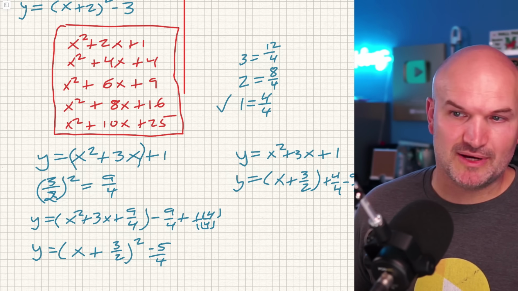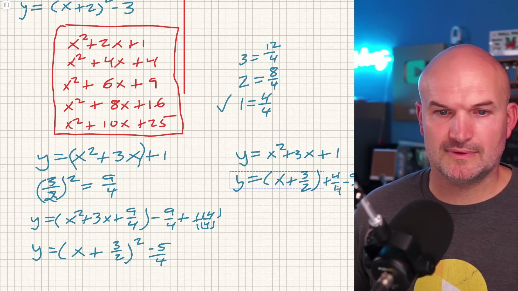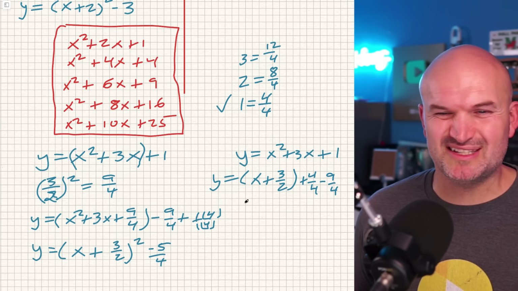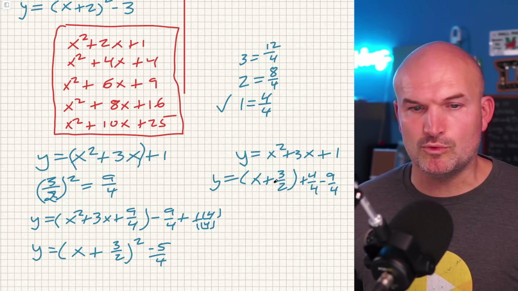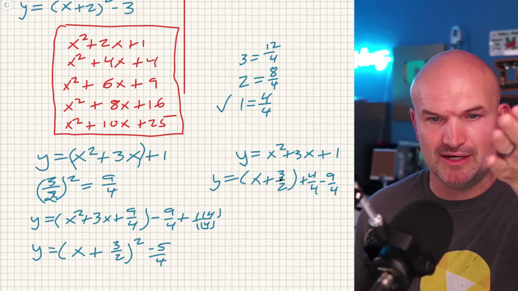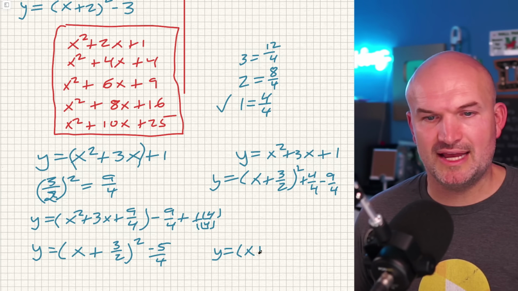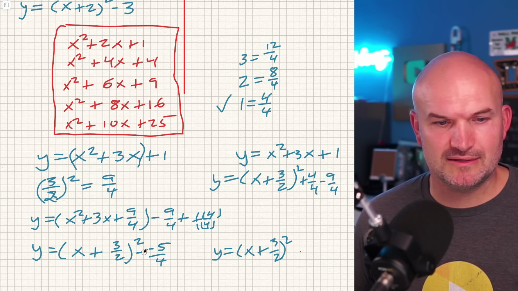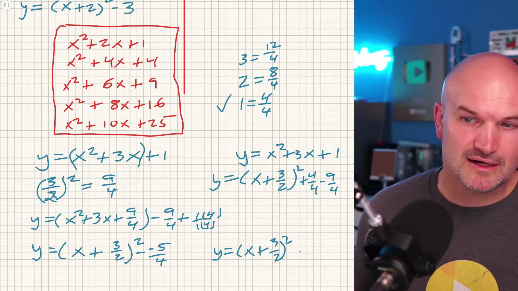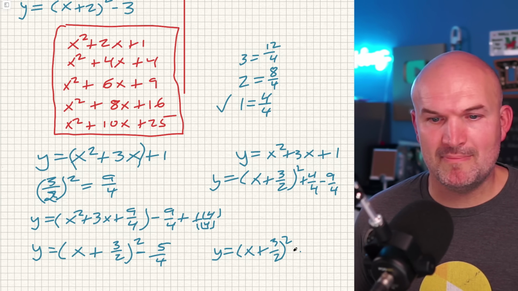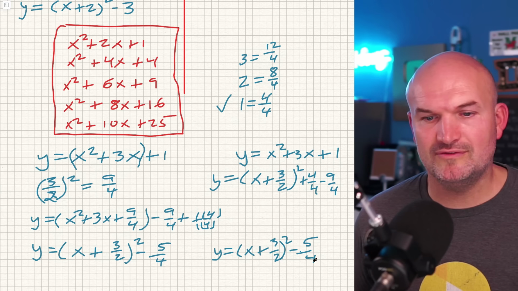And I ran out of space, apologies. So a lot of times, sometimes this number is what would require some work for you. But immediately from here, you can just say that's squared. My final answer is y equals (x + 3/2) quantity squared, and that's going to be minus 5/4.